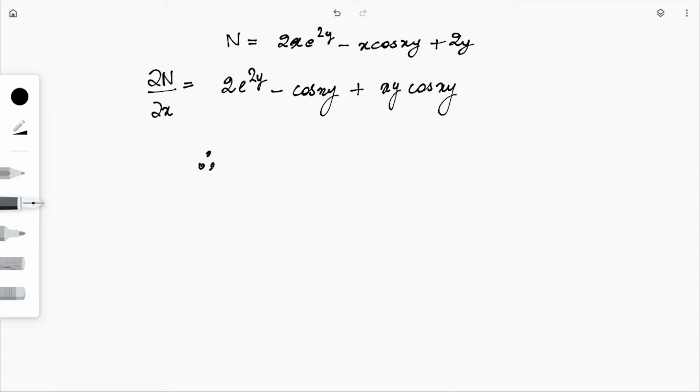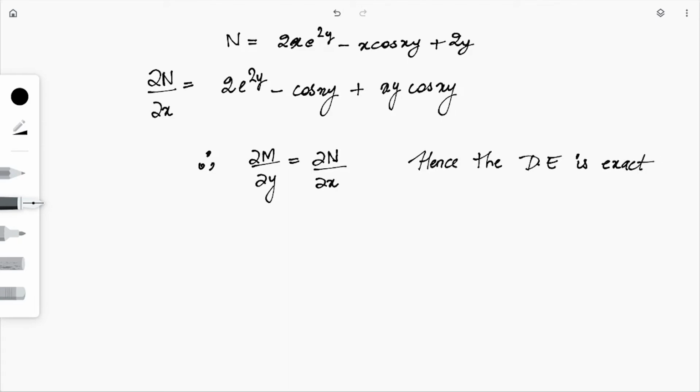So dou M by dou y is equal to dou N by dou x. There's no problem in it, and hence the differential equation which is given to us is exact.